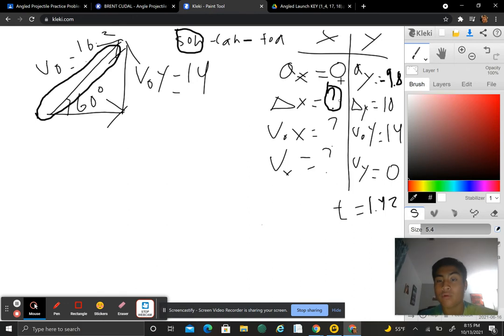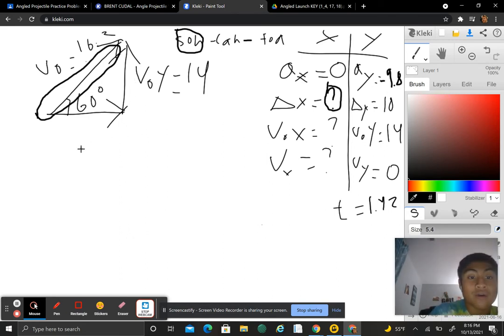You still need one more of these variables in order to be able to use any of the equations from the list of three equations that we have given to us by Mr. Dolson. Now, this is where we use SOHCAHTOA once again, because again, we have 16.2 for the hypotenuse, and we have 14 for the y, for the height of the triangle.